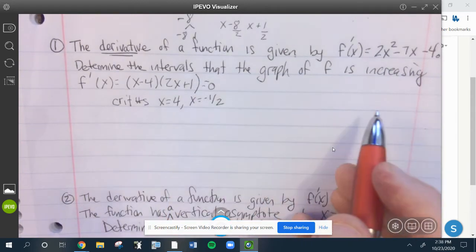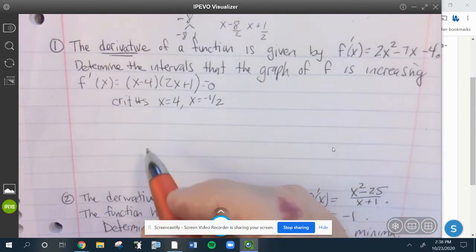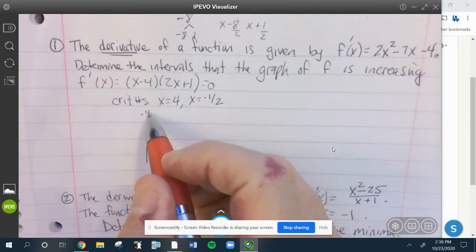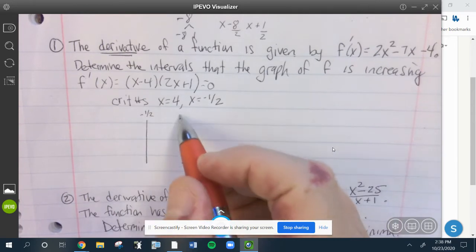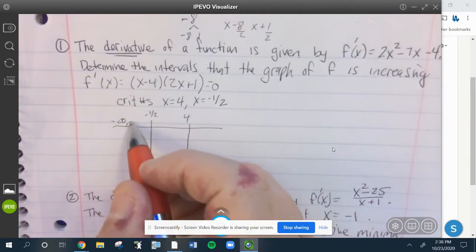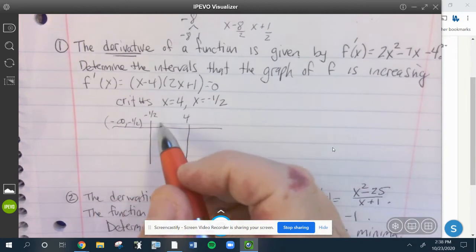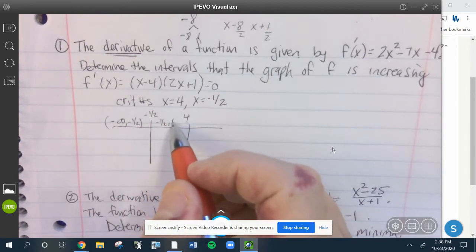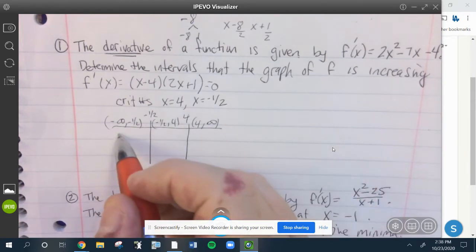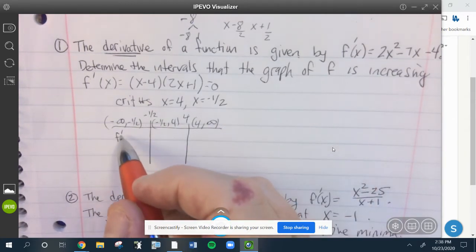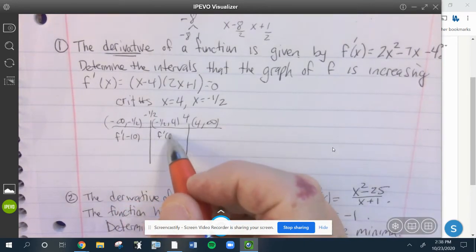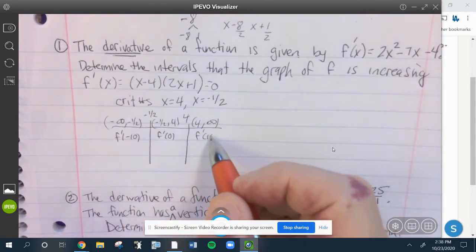So we're looking to see where this is increasing, so we're going to make our chart. Pick a nice test number in here, -10, in here, 0, in here, 10.